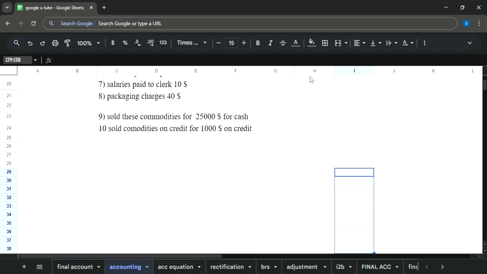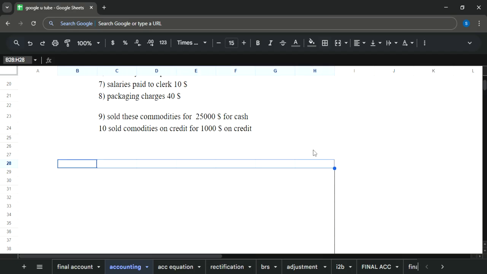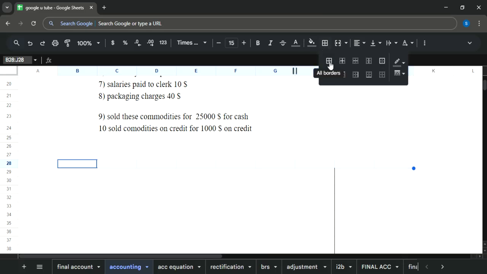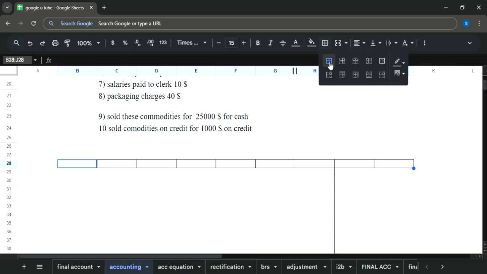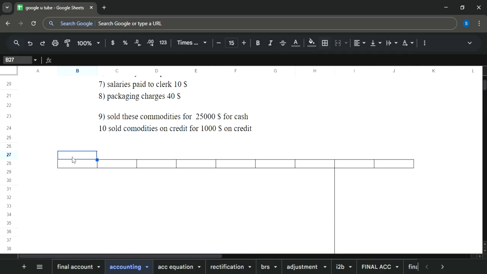At this stage, we will divide it into two parts. You have seen that I have divided this whole process into two parts. At this stage, you may write your headings. For that purpose, I will arrange some more columns. Now, you have seen that you have divided your accounting structure into two parts.